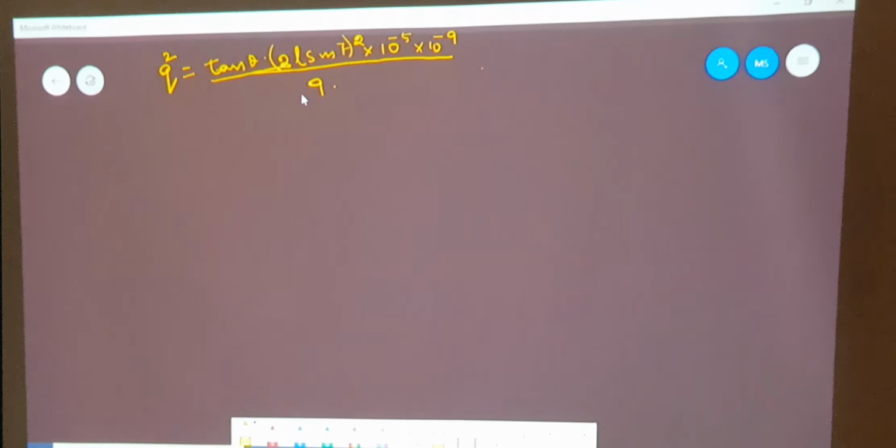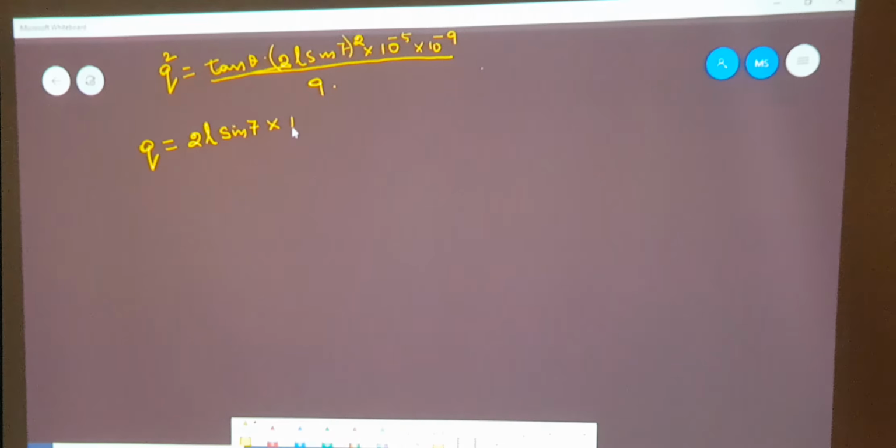You simplify and get the answer, that will be the answer. So what is the value of Q? Q equal to, on taking the root, 2L sin 7 multiplied with 10 to the power of minus 14.